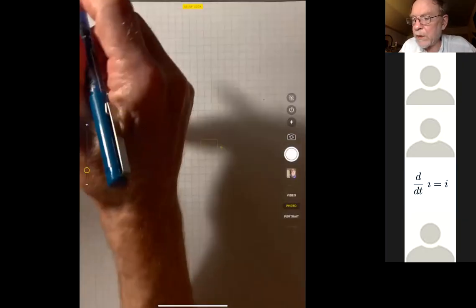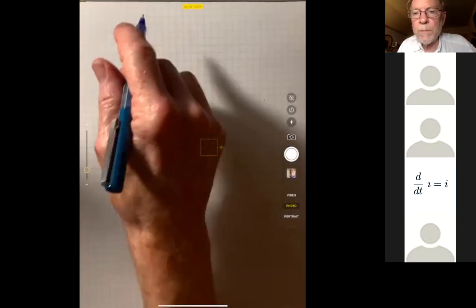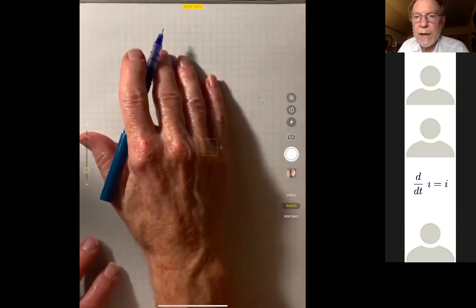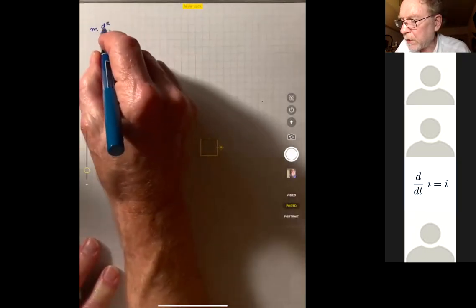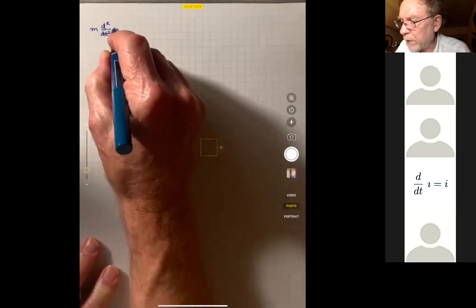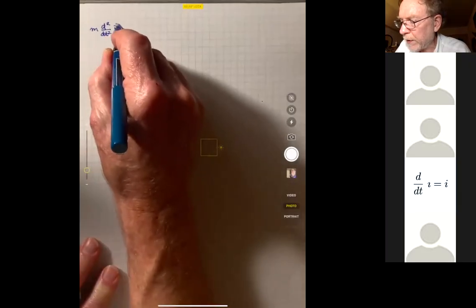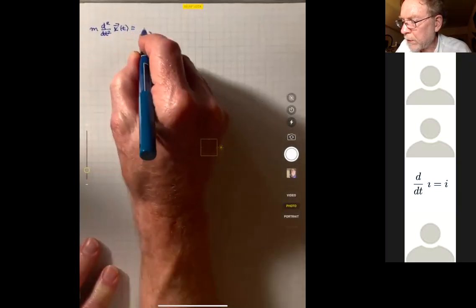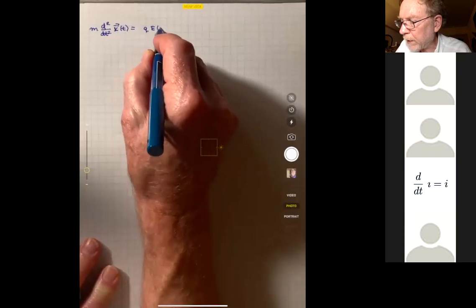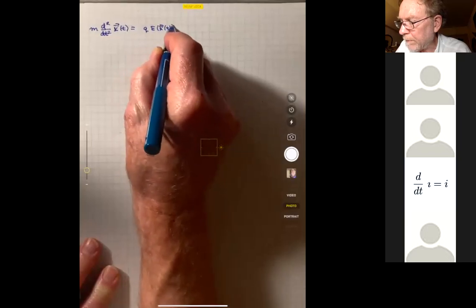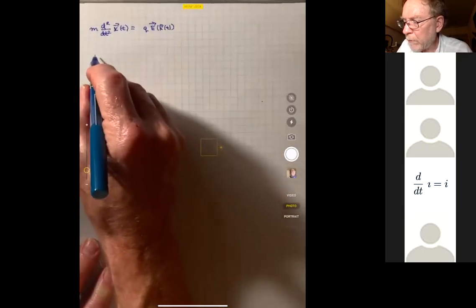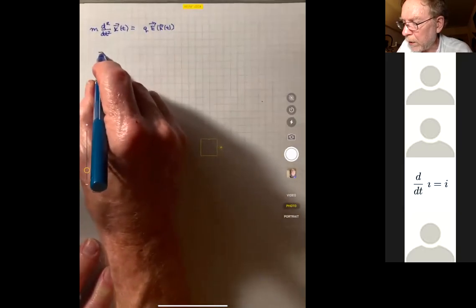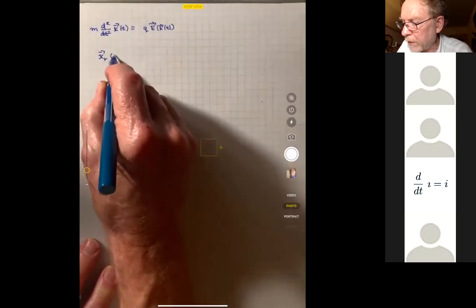To take a specific example, let's talk about a charged particle moving in an electrostatic field. In that case, the equation of motion would be m d squared x of t over dt squared, I'll do it in 3D, equal to the charge q times the electric field E of x of t. Now, the motion produced by the movie, let me call it the time reversed motion, x_r of t.